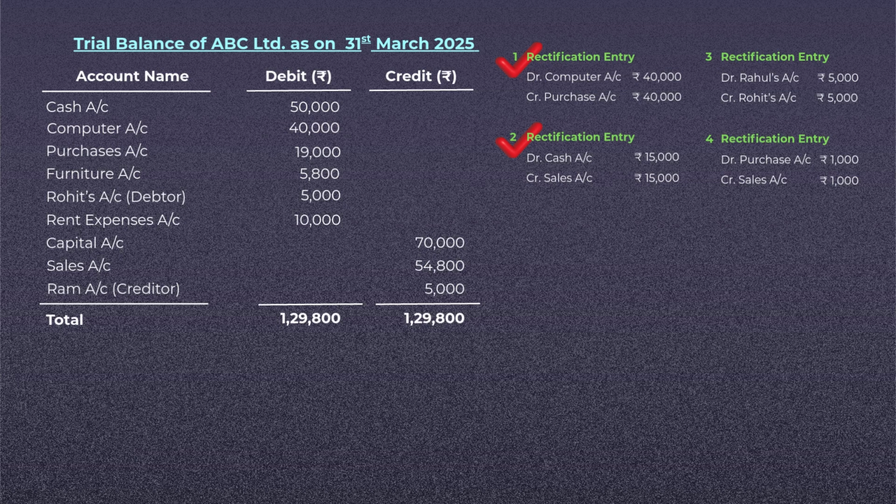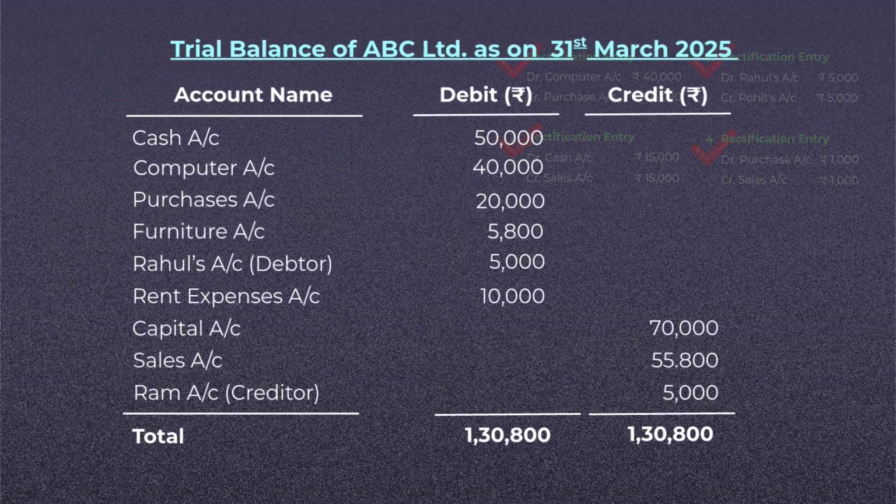With the third rectification entry, Rahul's account will increase by rupees 5,000 and Rohit's account will decrease by the same amount. With the fourth rectification entry, purchase account will increase by rupees 1,000 and the sales account will increase by the same amount. After all the rectifications, we get this corrected trial balance.